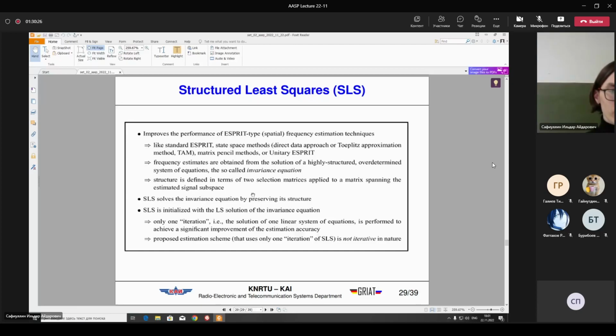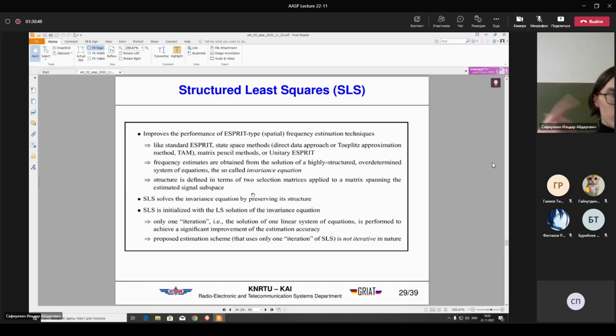And for initialization, we use the least squares solution. And then we can use, for example, only one iteration of SLS, so it is an iterative algorithm.